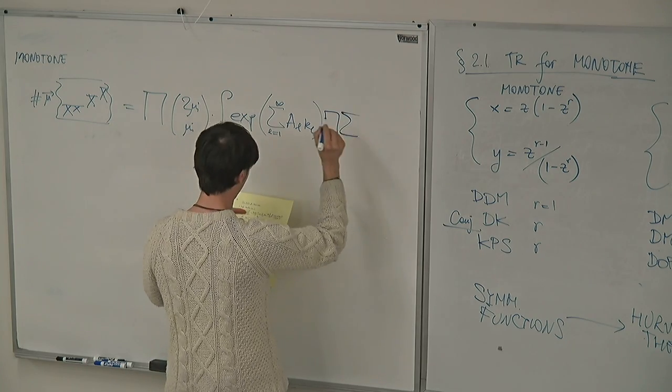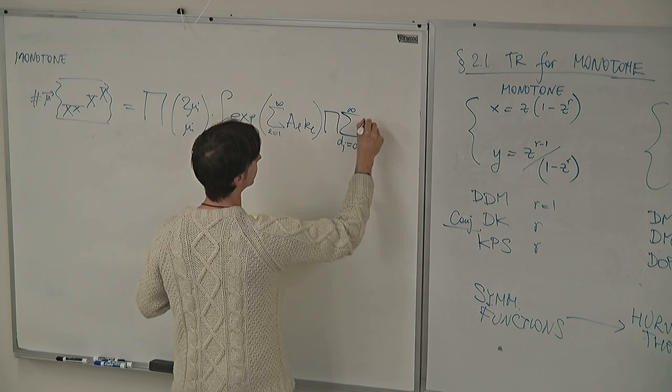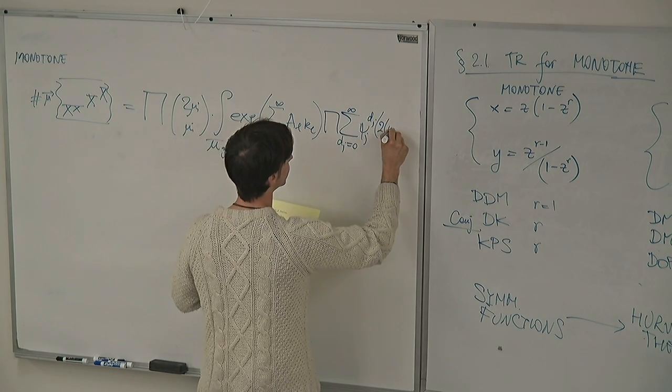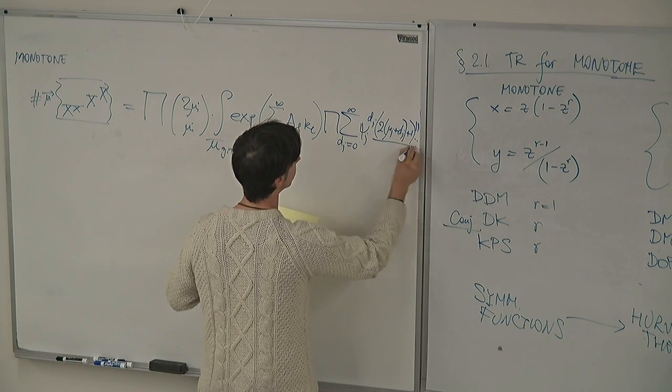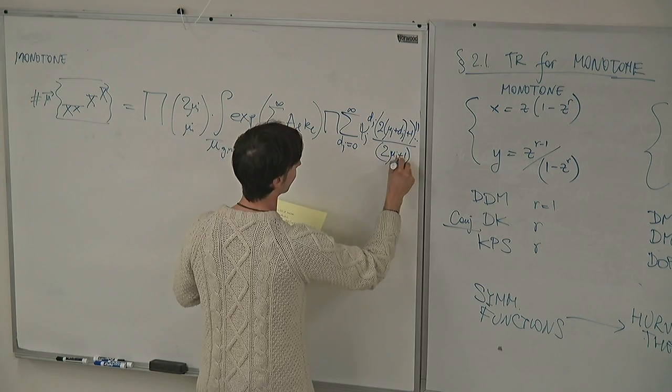So I have the product of sum over d_j from 0 to infinity, psi_j to the d_j. And here I have (2 mu_j plus d_j plus 1) double factorial divided by (2 mu_j plus 1) double factorial.